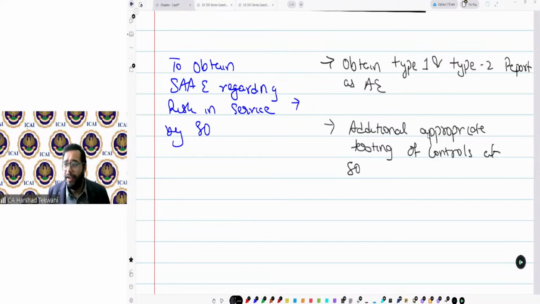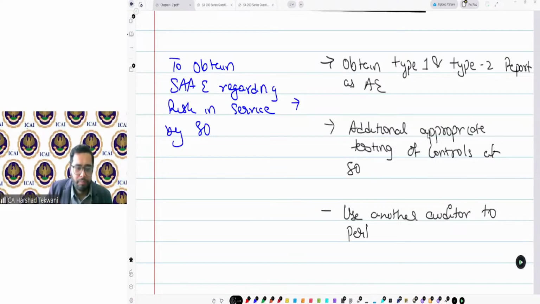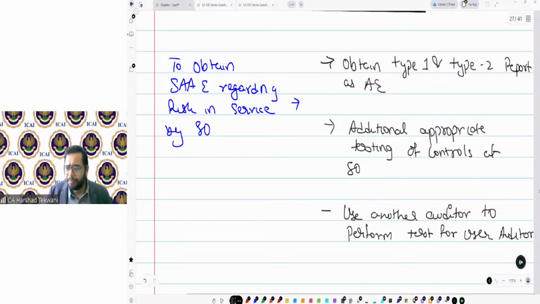If I am able to perform that, or I can use another auditor to perform tests for me, the user auditor. This can be done.